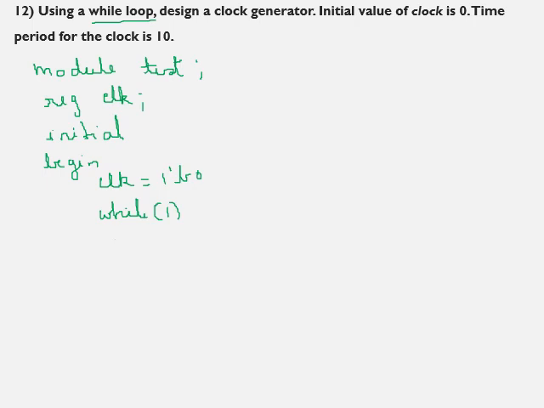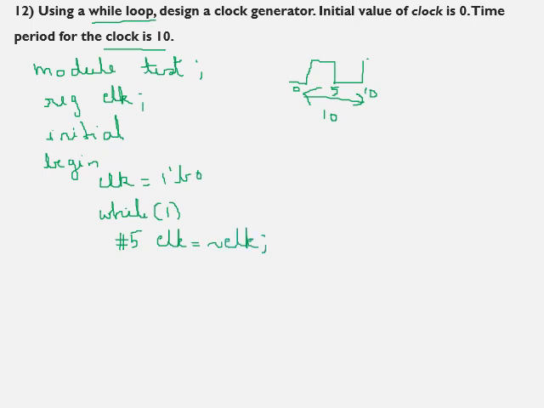So here I write hash 5. The clock period is asked to be 10. So that means on period and off period should make up 10, right? So you have to toggle the clock for every 5 time units. Like this: hash 5 clock equal to not of clock.